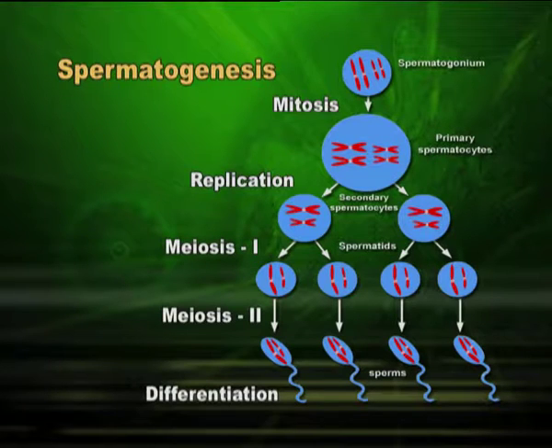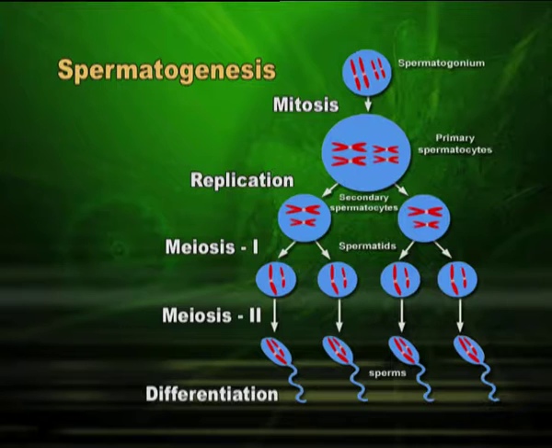Coming back to this slide, after the first meiotic division, which is reduction division, these two cells have half the number of chromosomes. Now, they will undergo simple mitosis to produce 4 cells, and these 4 cells will give rise to 4 sperms.